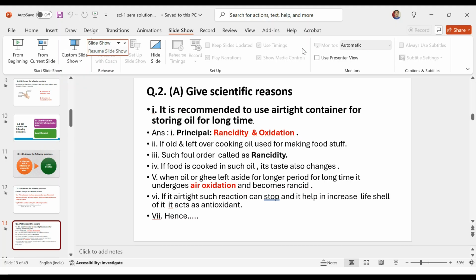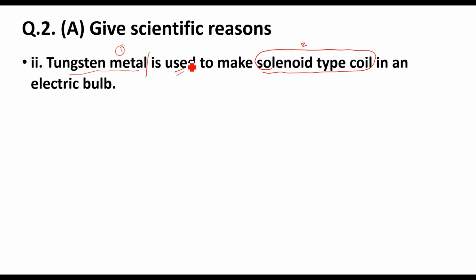This is my second point. And where is it used? In the electric bulb. So tungsten metal is point number 1, solenoid coil is point number 2, and the electric bulb is point number 3.